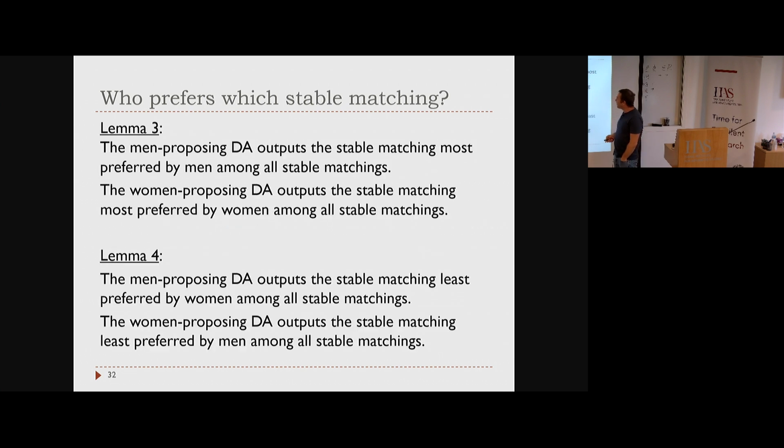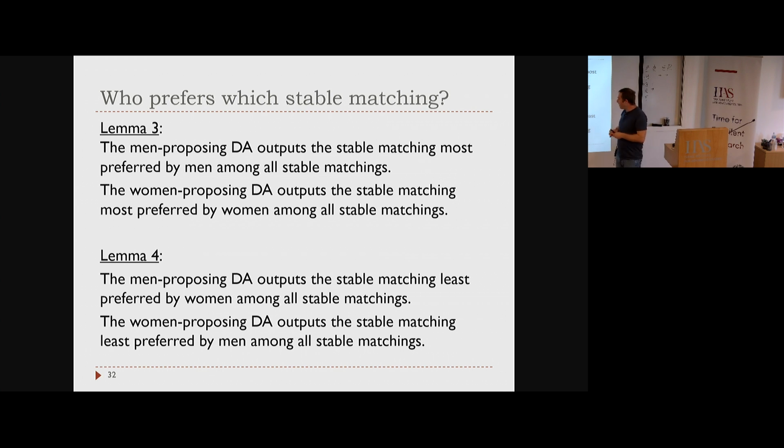That's because the men proposing deferred acceptance outputs the stable matching least preferred by the women, and the women proposing deferred acceptance outputs the stable matching least preferred by the men. Okay, so they have contradicting preferences over the set of stable matches.